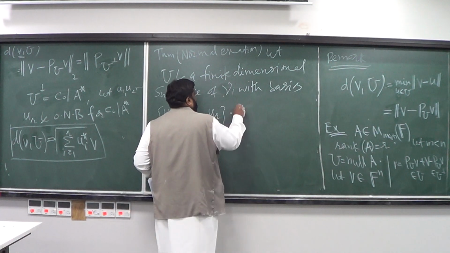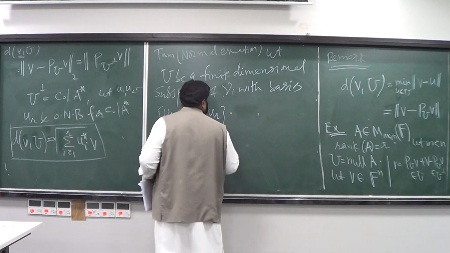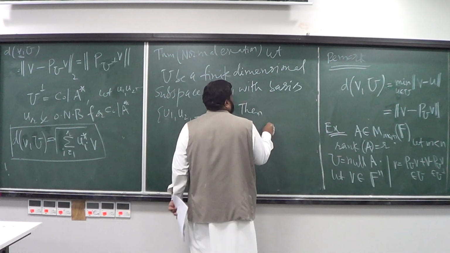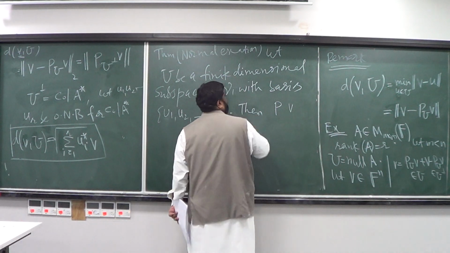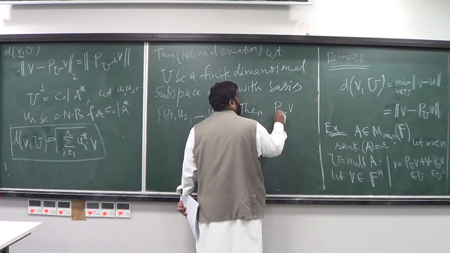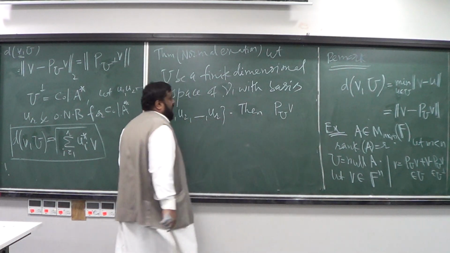Then the question is how to find the orthogonal projection of a vector V from the space V onto such a subspace.